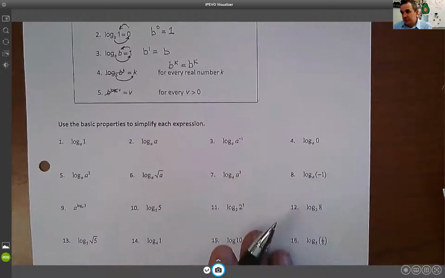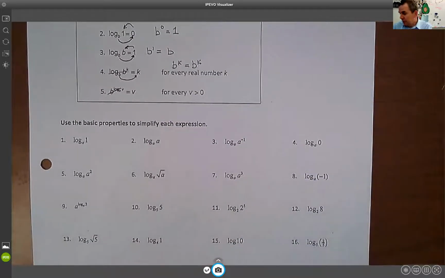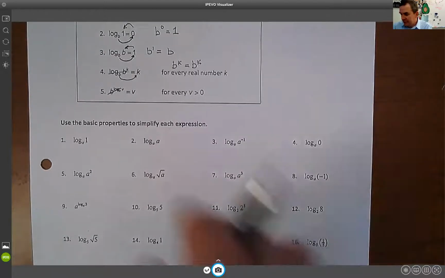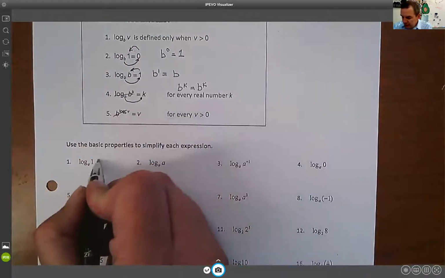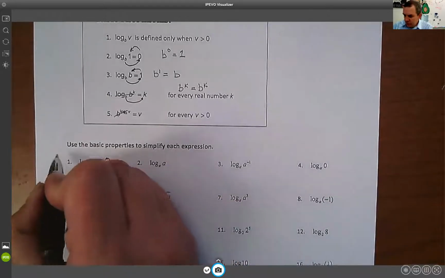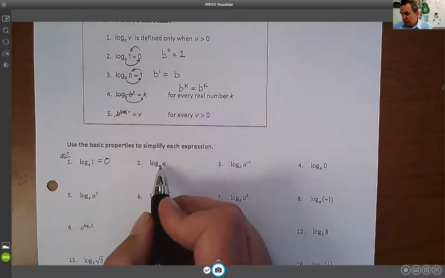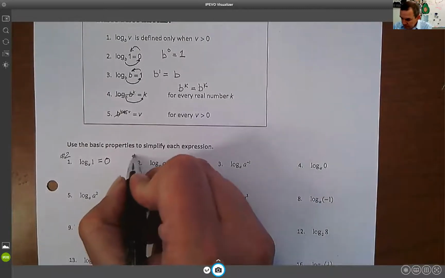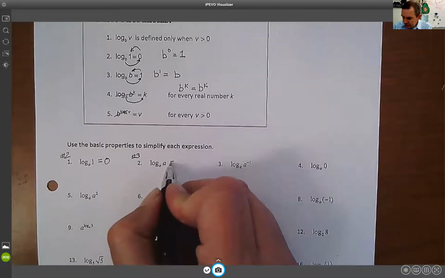We did some of these basic properties just to summarize. As we walk through them, we have log a of 1, which follows the rule up here: when you take the log of 1, you get 0. This one follows rule 2. This one follows rule 3, log a of a is going to be 1.